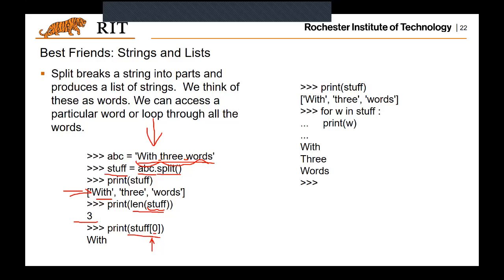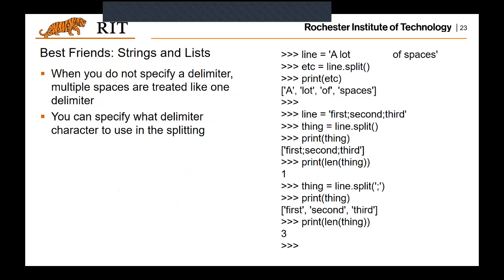And 0 index means the first one. So this is the first element, which is the string with, right? So that's how you split a string and generate a list of strings.